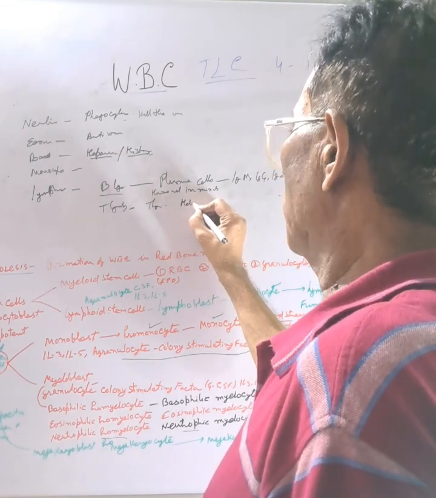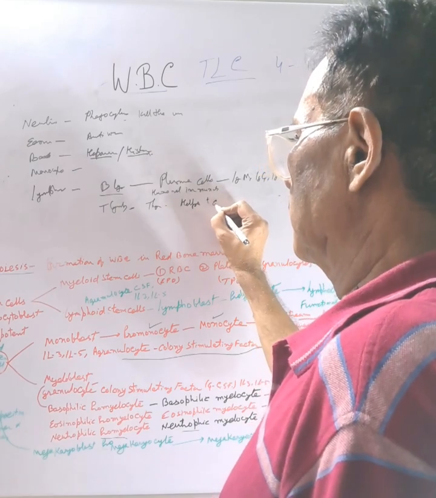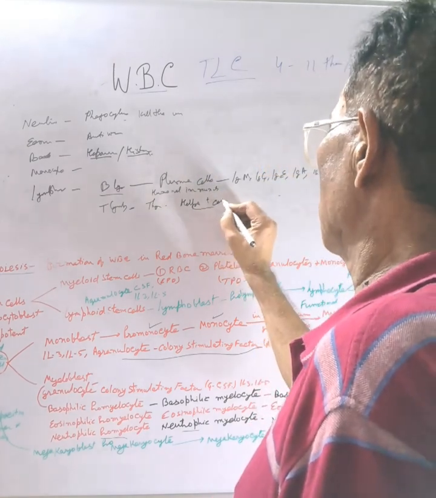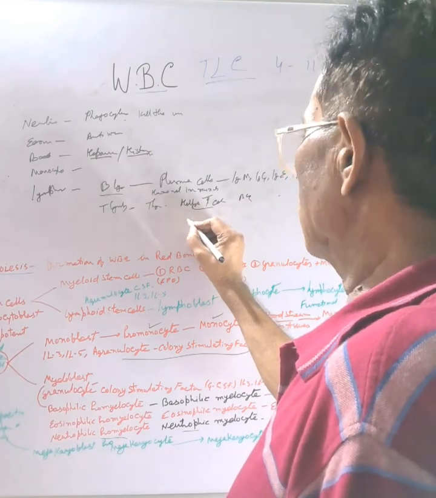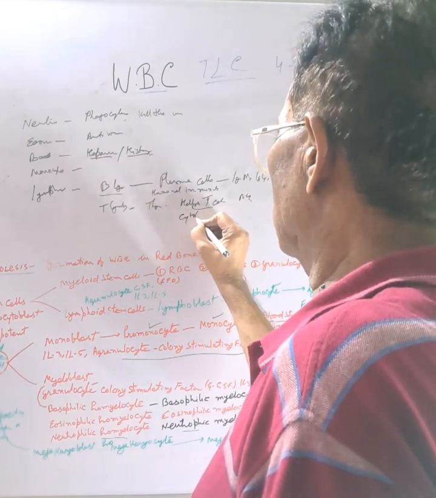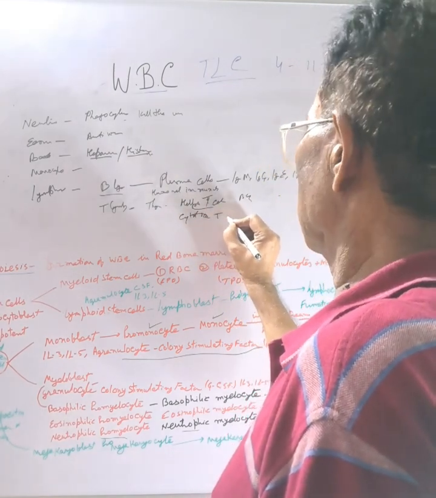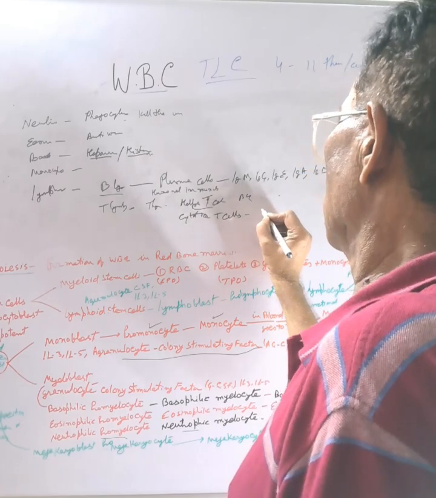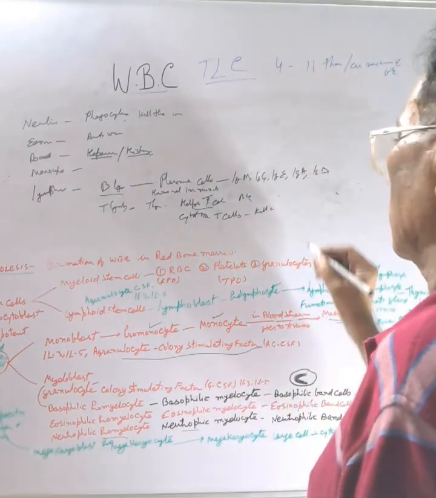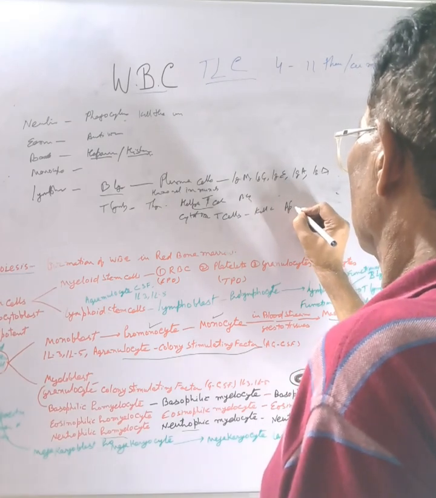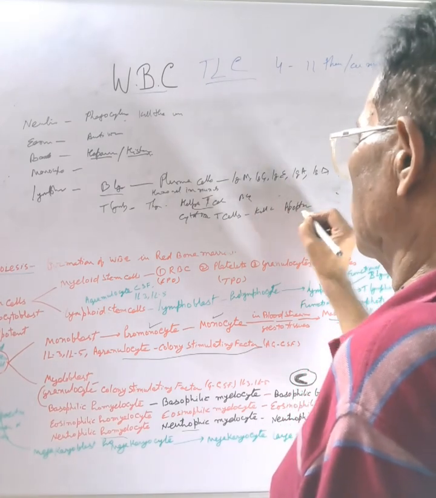First, helper T cells help B cells, then cytotoxic T cells kill the bacteria by apoptosis.